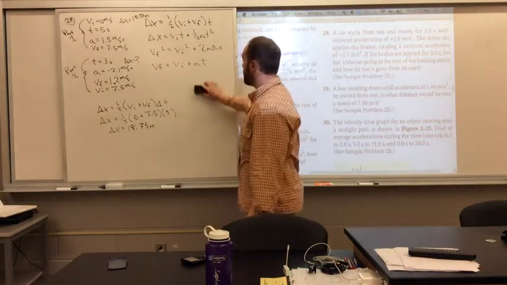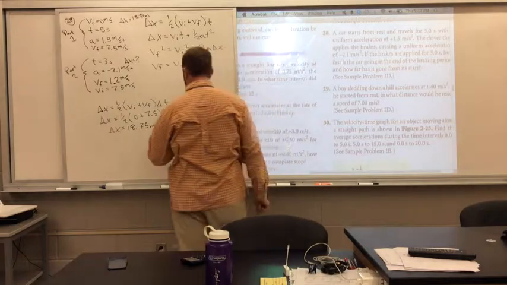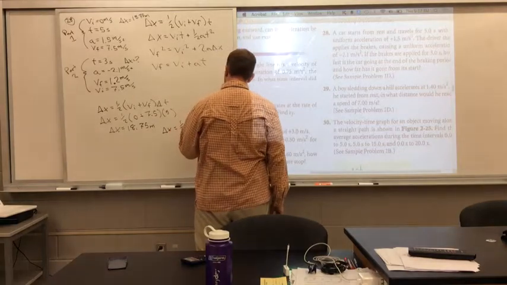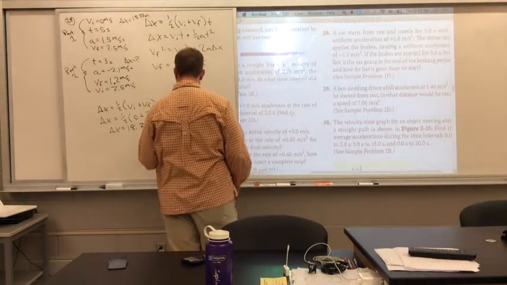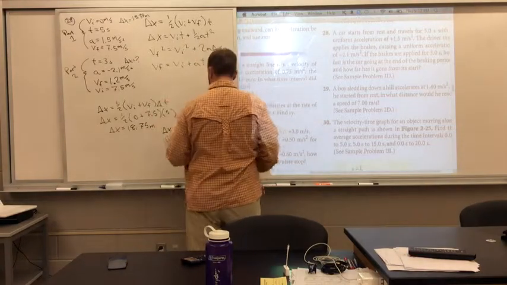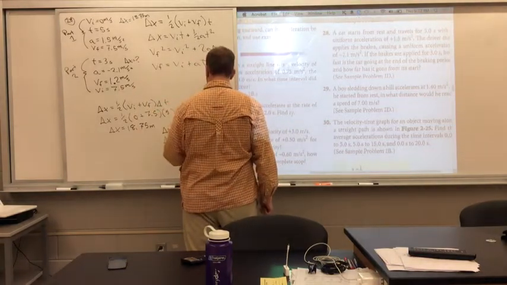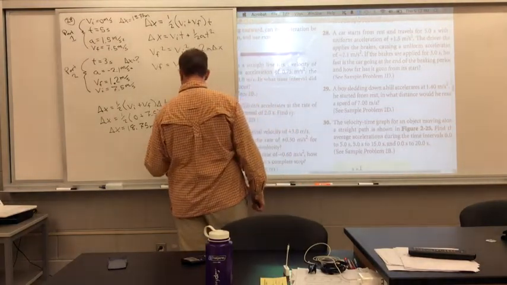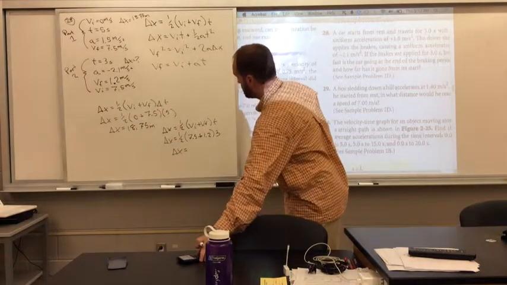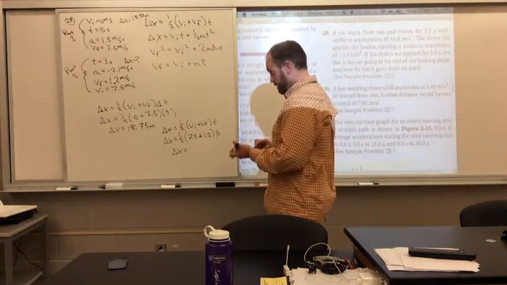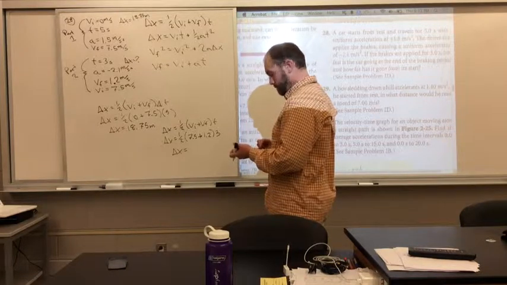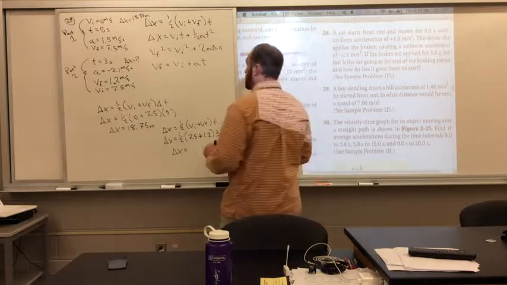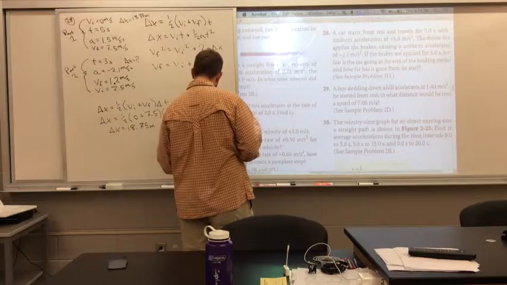How about this part? Well, I'm going to use that same equation. Delta x is 1/2 initial plus final times time. Delta x is half of the initial 7.5, the final is 1.2, and the time is 3. Delta x is 0.5 times, in parentheses, 7.5 plus 1.2, in parentheses, times 3, 13.05 meters.